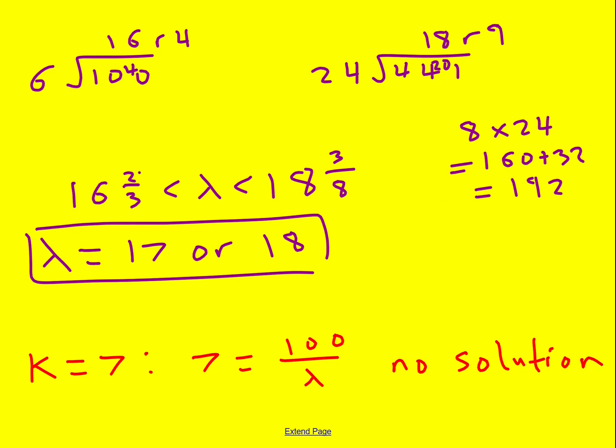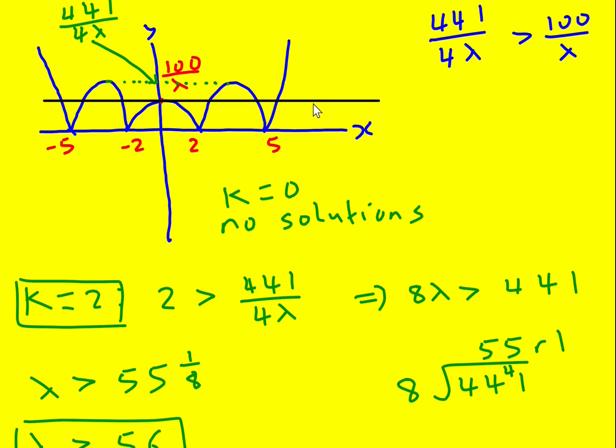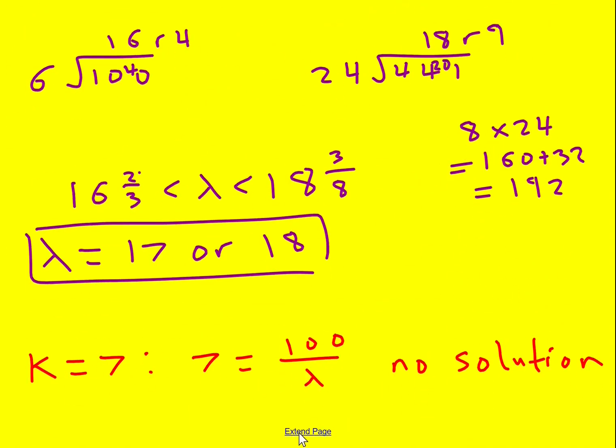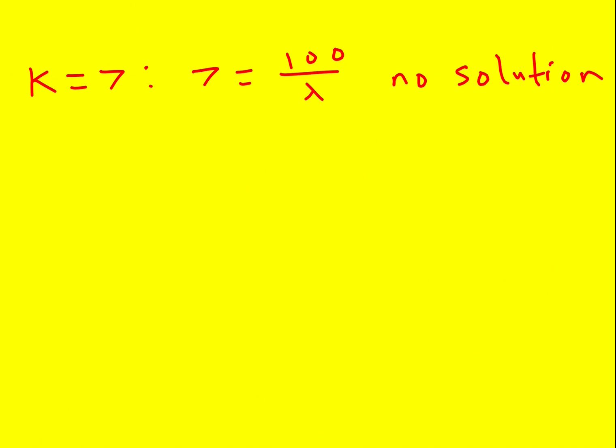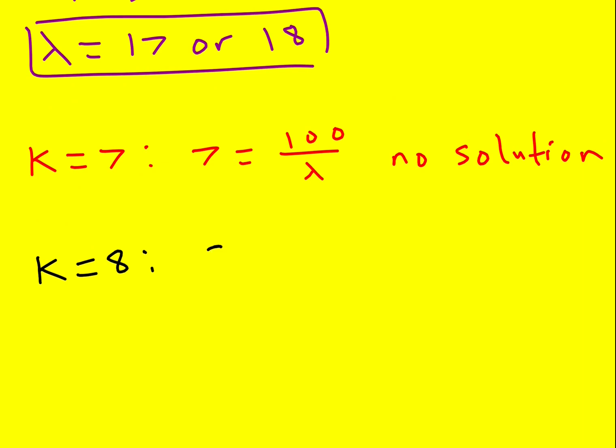So finally, that just takes us to, where's it gone? Here we go. If we go below, then we can get 1, 2, 3, 4, 5, 6, 7, 8 solutions. So k equals 8, and that would be when 8 is less than 100 over lambda.